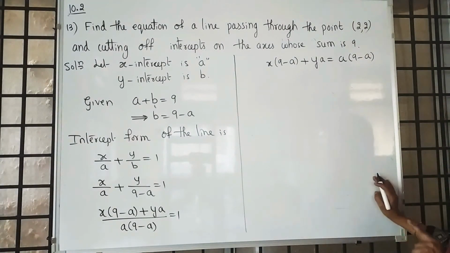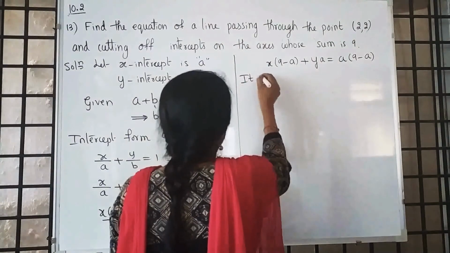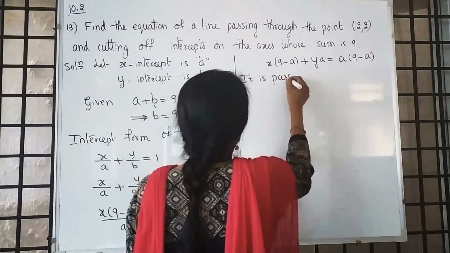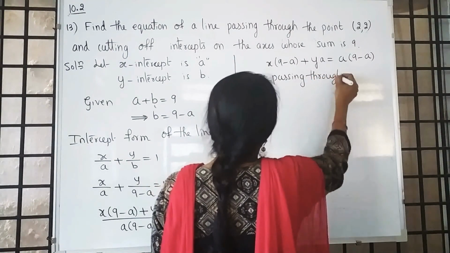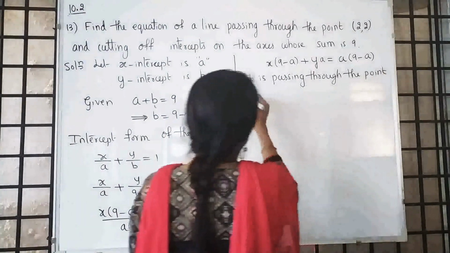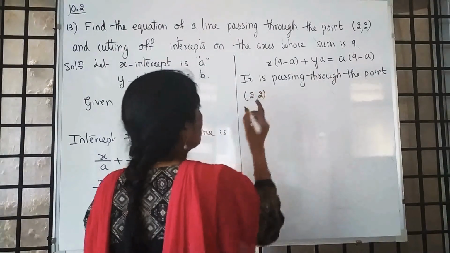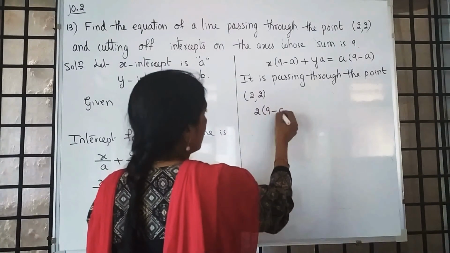And what is given? It is passing through the point 2, 2. In place of x, write down 2. 2 into 9 minus a.